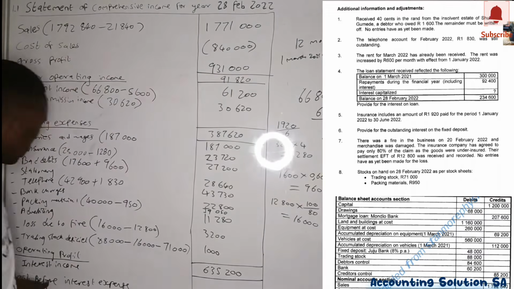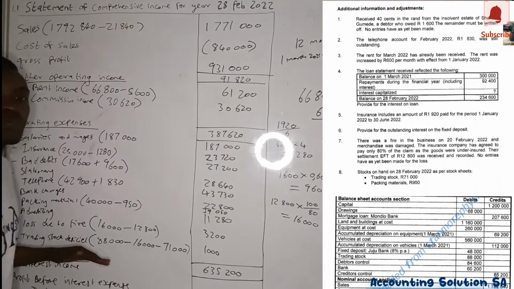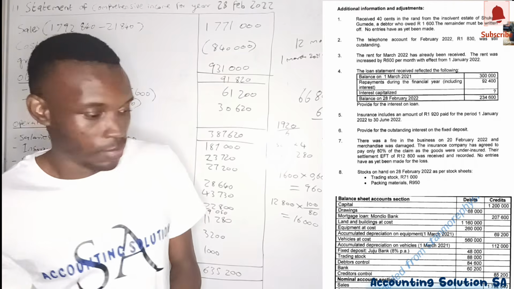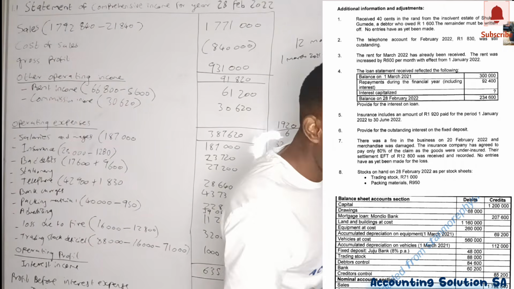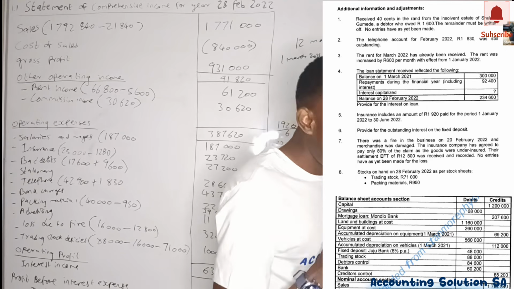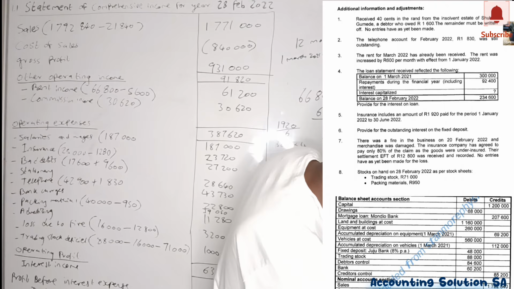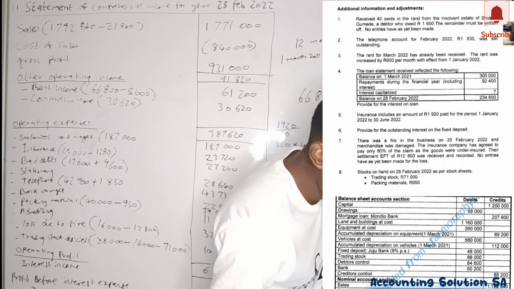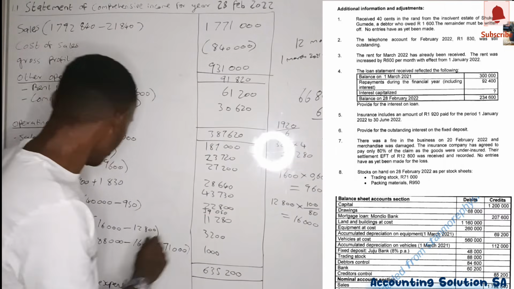This is interest income. This part, that's where we put our finance: interest income and interest expense. Let's take interest income first. Number 6, they say provide outstanding interest on fixed deposit. Then it's how much? Let's go on top and check. They said the fixed deposit at Juju Bank is 8% per annum. Then the amount is 48,000. Simple, guys.